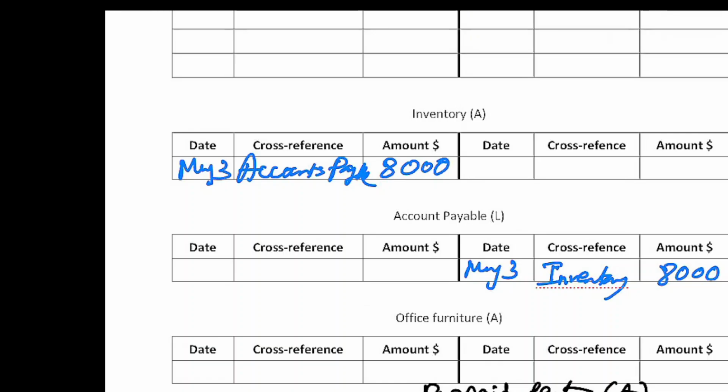No, it's correct. Wait, it's correct. It is right. Then what happened? So I put advertising in the wrong one. I did the wrong way. I put them in the wrong ones. I reversed them by accident, reverse the debit and credit.